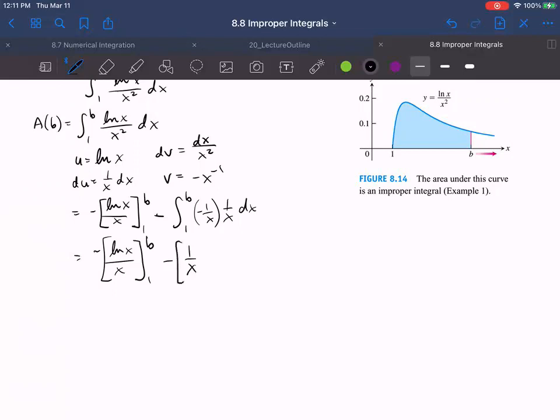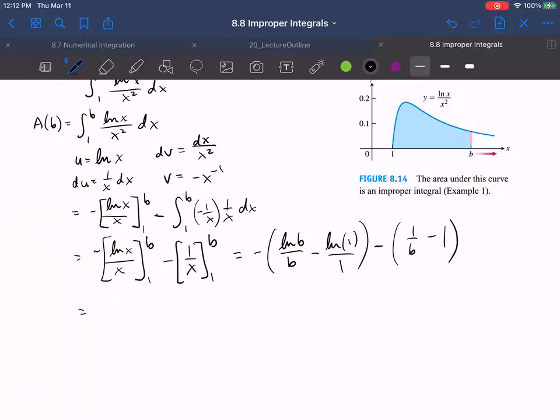And that one is evaluated from 1 to b as well, which means we can start plugging this in. We've got negative natural log of b over b minus natural log of 1 over 1, minus 1 over b minus 1 over 1. And then that gives us negative natural log of b over b minus, what's the natural log of 1? 0.